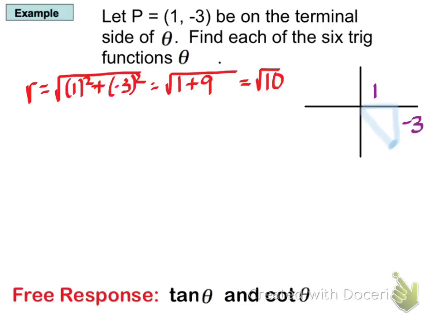If you go through the Pythagorean theorem, 1 squared plus negative 3 squared equals c squared, or radius squared. You'll see in the end you get the same answer as I did above. So there are two ways to get to the same answer, and you can decide whichever way you prefer.